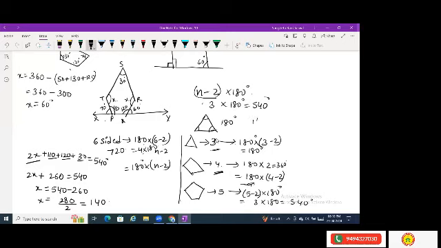180, how can I equate 180 with 360? If I multiply this with 2. If I subtract 360 by 180, I'll get 2, no? So I multiplied it with 2. But how did I write 3 minus 2? You are asking about this, no?